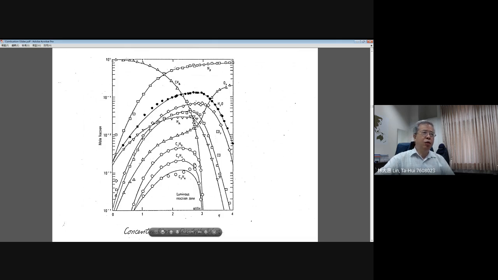This is the concentration of the fuel supplied from the left-hand side and the oxygen supplied from the right-hand side. You can see they will meet together at the position of the diffusion flame and burn.